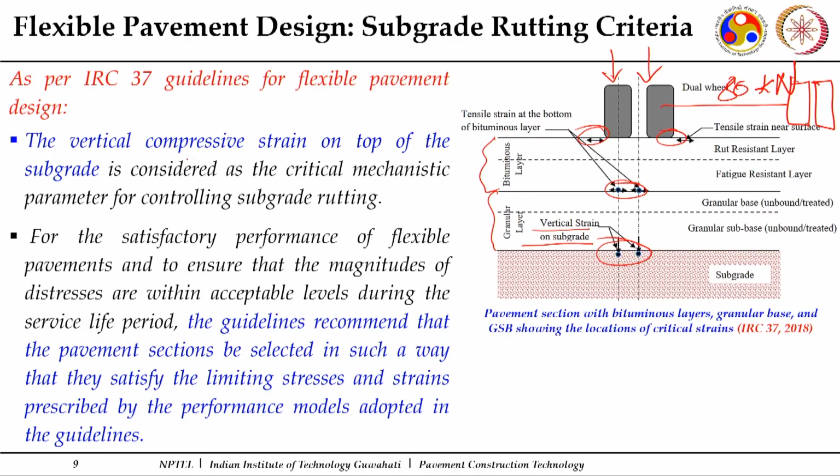That is why we call it the mechanistic-empirical approach, which we use in the design of our flexible pavements. So, it says the vertical compressive strain on the top of the subgrade is considered as the critical mechanistic parameter for controlling the subgrade. With less strain, definitely the chances of rutting are less. With fewer repetitions, again the chances are less. If I build up a good thickness of these layers, less strain will come up.